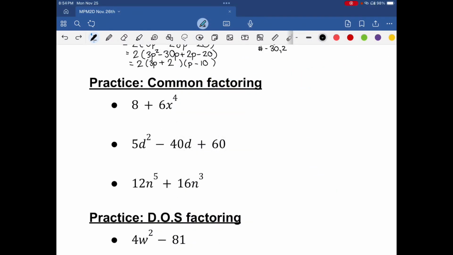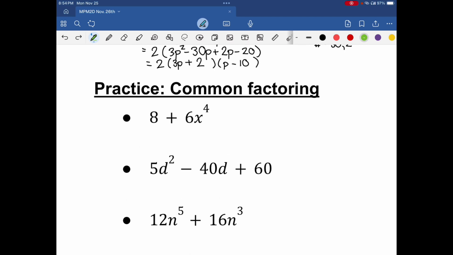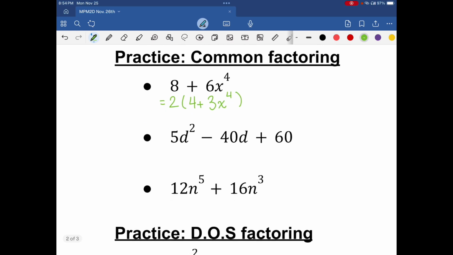Okay, so then we have some common factoring. So it's the GCF between 8 and 6x to the power of 4. Next one.